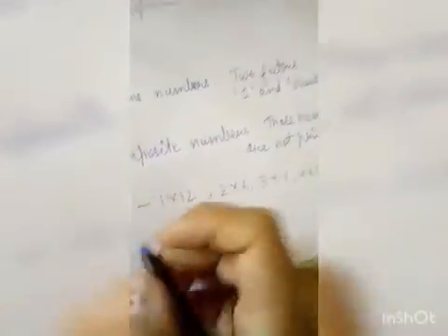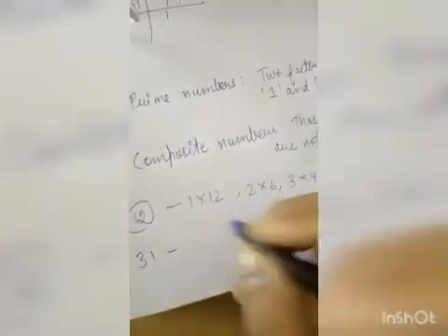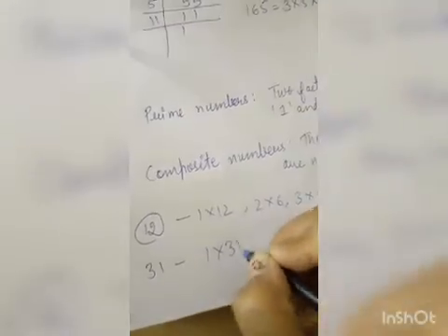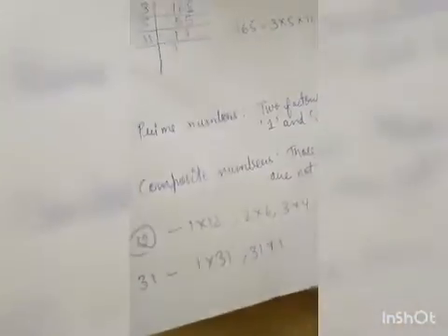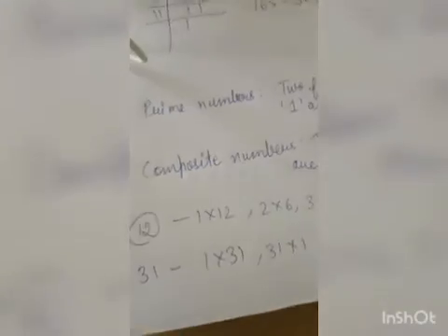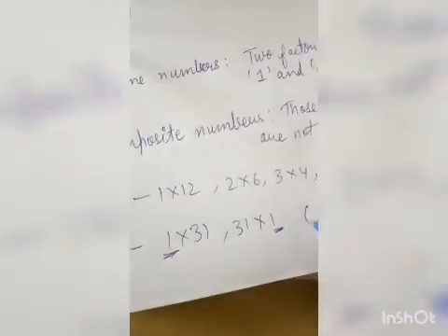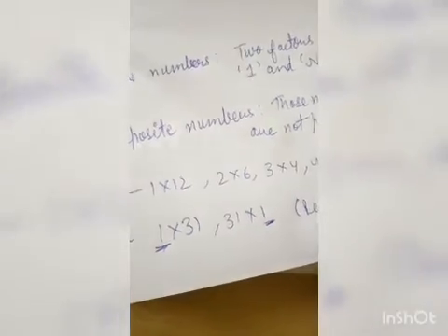Okay. Now if I have 31, how many factors does 31 have? 1 31s are 31, 31 1s are 31. There is no other number that is a factor of this. So a number that has two factors, 1 and the number itself, is a prime number. So we have to write P in this question.